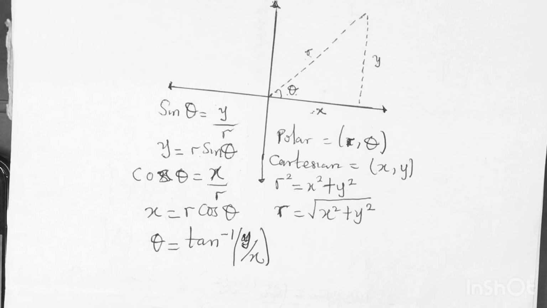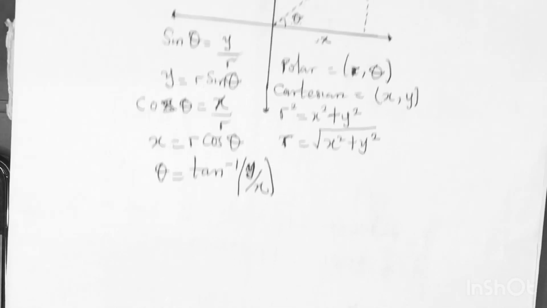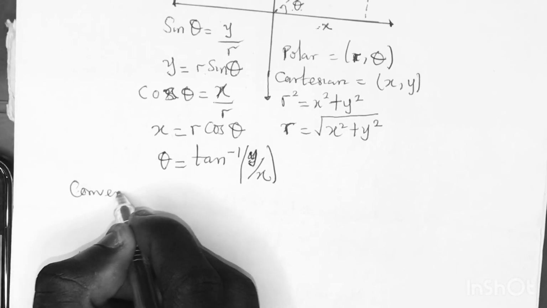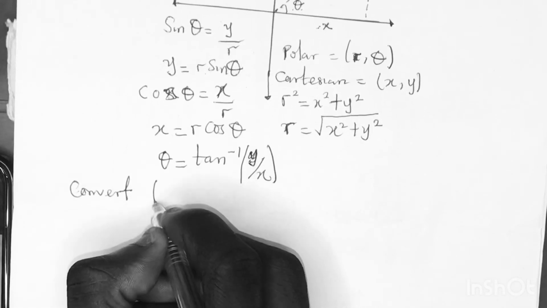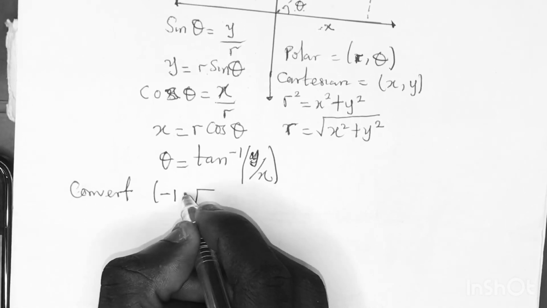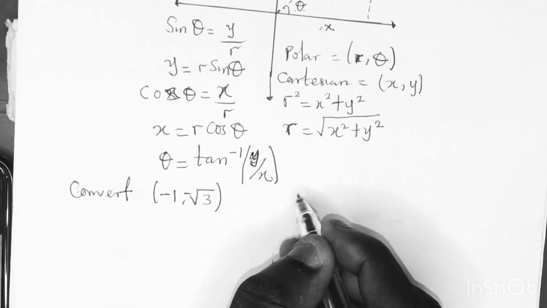So let's see some examples now. Let's see my first example. If I want to convert minus 1 comma minus root 3, this is in the form of Cartesian.